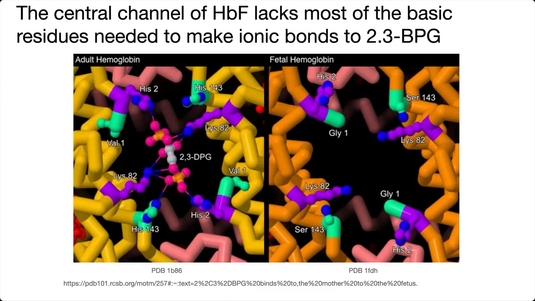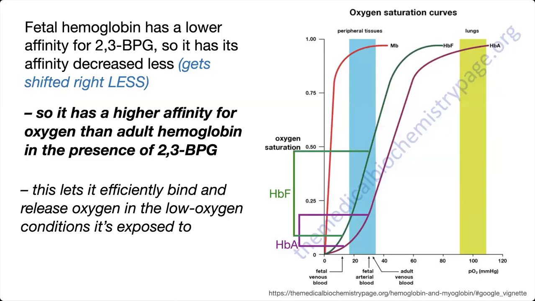Instead, the fetal hemoglobin does not have all those basic amino acids that are needed to make those interactions. So you can see that you've substituted histidines for serines, and serines are not going to be able to make those salt bridges. So you're not going to be able to form those ionic bonds with the BPG in the fetal hemoglobin. As a result, the fetal hemoglobin has a lower affinity for 2,3-BPG and it gets shifted to the right less.